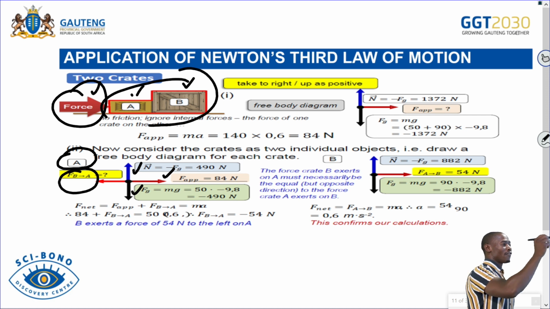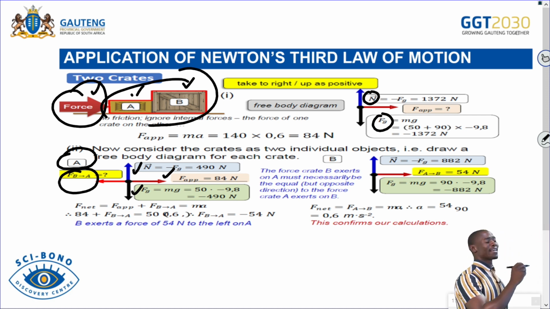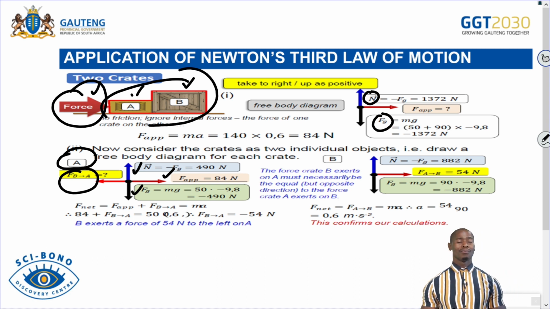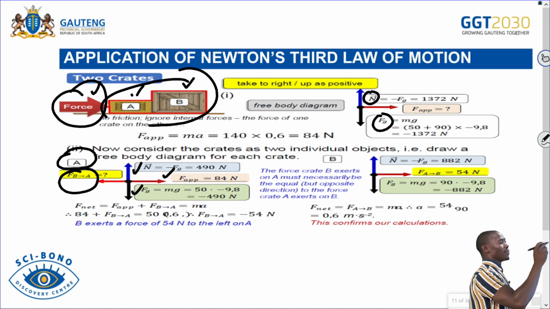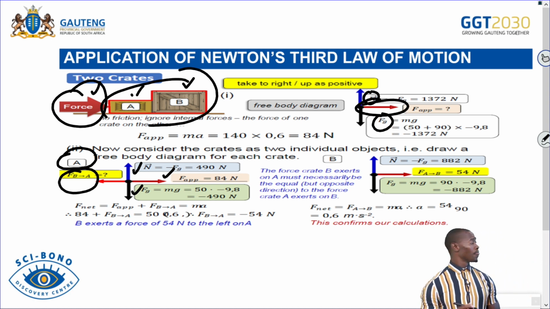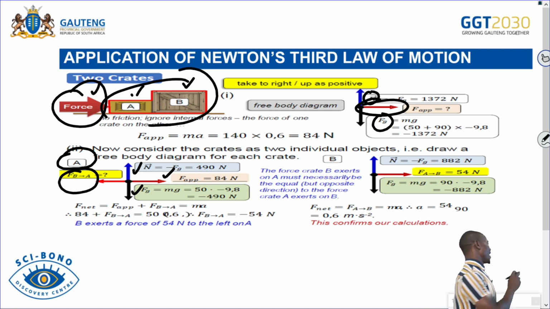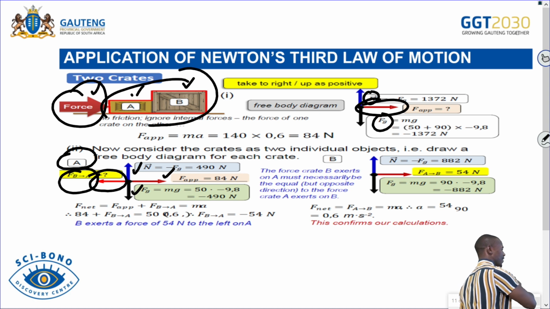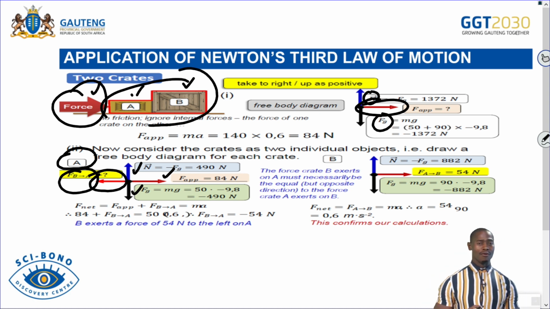Then free body diagram indicating all the forces acting on object B. You have the gravitational force there, you have the normal force, and then there's a force exerted by object A on object B. So object A on B is acting in which direction? To the right. So this force F A on B and F B on A, you should know they are equal in magnitude.